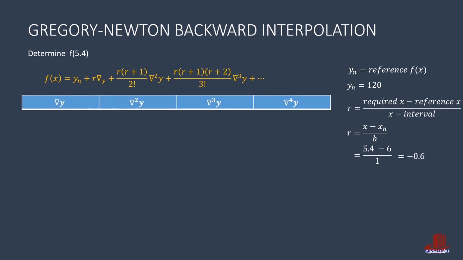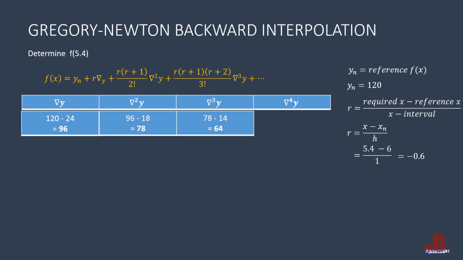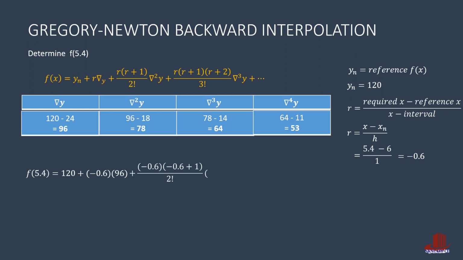The nablas then start with 96 as nabla y, 78 for nabla squared y, 64 is nabla cubed y, and 53 for nabla raised to 4 y. Place all of these values into the equation and get f of 5.4 as 120 plus negative 0.6 times 96. The next term is negative 0.6 times negative 0.6 plus 1 over 2 factorial times 78.